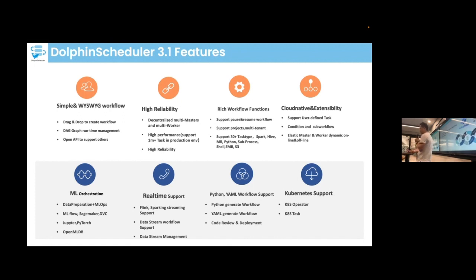Another benefit is that DolphinScheduler supports MLOps. It integrates with Kubeflow, MLflow, SageMaker, and DVC, and other platforms like Jupyter and ML frameworks like PyTorch, OpenMLDB, etc. And also, DolphinScheduler is cloud native and extensible.